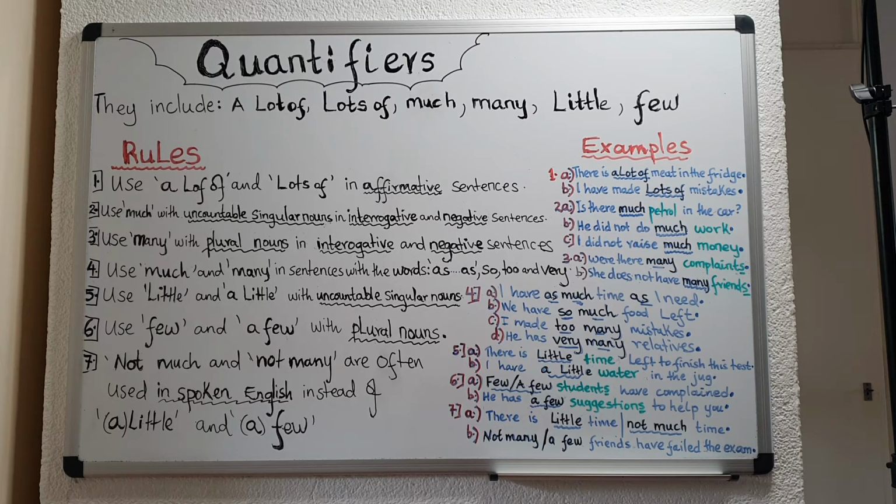Affirmative sentences are sentences which confirm something. In other words, in an affirmative sentence, you agree with something. You are in complete agreement with something. You affirm it. You confirm it. So, in those kinds of sentences, you can use a lot of or lots of.